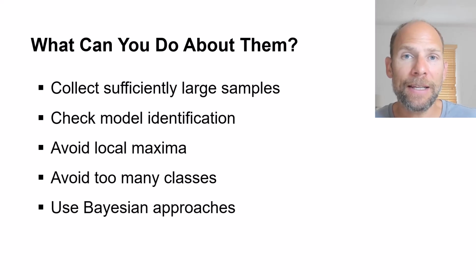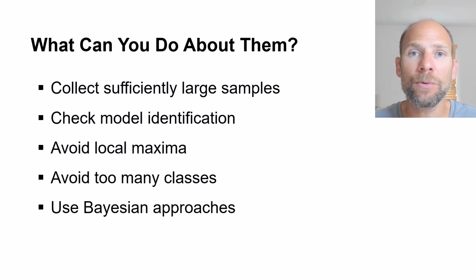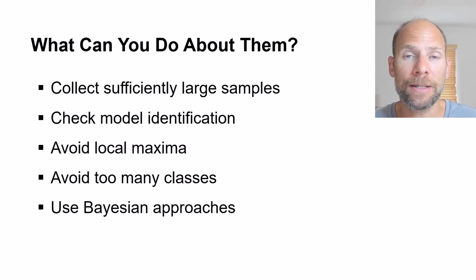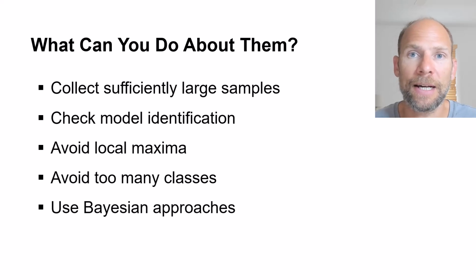And then finally, there's also a technical way in which you can prevent boundary parameter estimates, and that is by use of Bayesian estimation techniques that are, for example, implemented in the Latent GOLD statistical software program for latent class analysis, where a Bayesian approach prevents those from occurring.